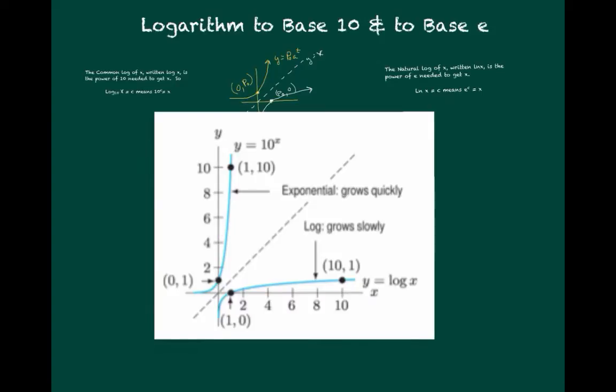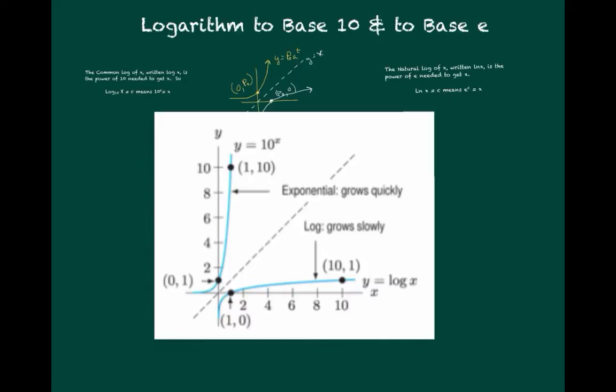It crosses, typically, if we're looking at just a plain old exponential, it'll cross at 0, 1, because anything raised to the 0 power is equal to 1. And then if we compare it and reflect it over this line y equals x, we'll get the inverse of exponentials, and that's going to hug the x-axis as x grows to infinity. It will cross at the point 1, 0, which is the reflection of 0, 1. So logarithms have that look.